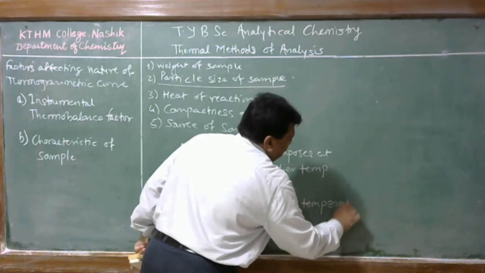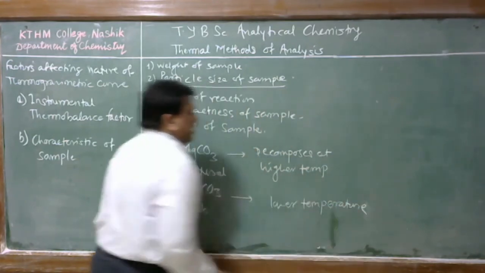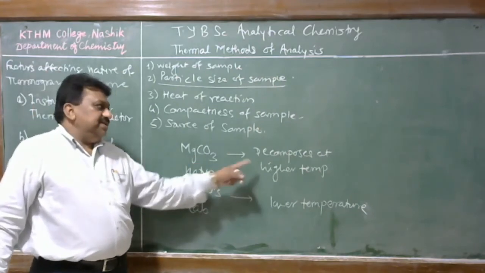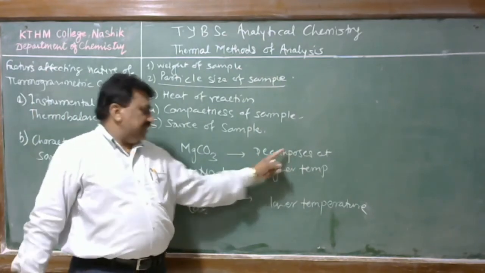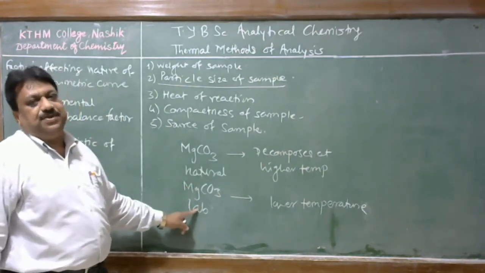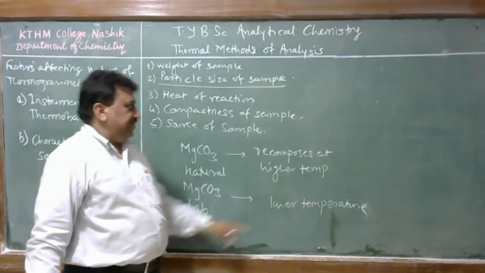Naturally occurring samples have some impurities, and that increases the decomposition temperature. But a laboratory prepared sample is free from impurity, and therefore it decomposes at a lower temperature.